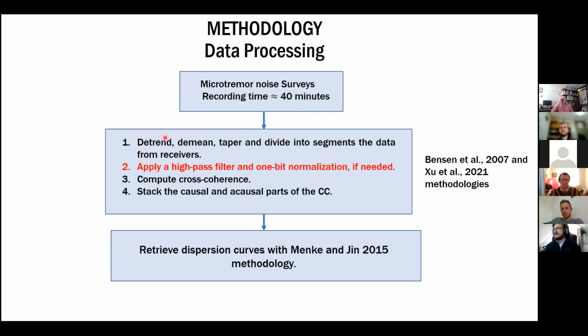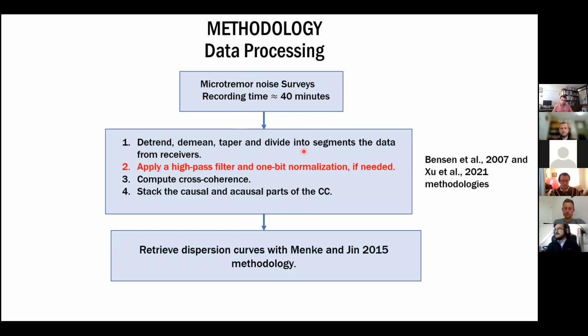Then we detrend, demean, taper, and divide the data from the receivers into segments. We apply a high pass filter and 1-bit normalization if needed. We then compute the cross coherence and stack the causal and acausal parts of the cross correlation. And then we retrieve the dispersion curves with the Menke and Jin 2015 methodology.